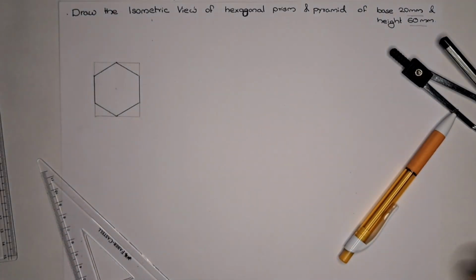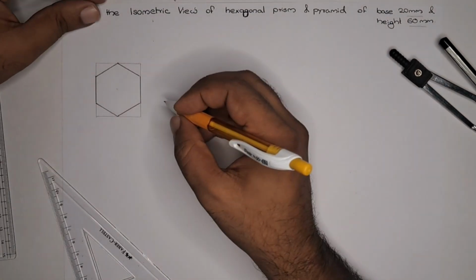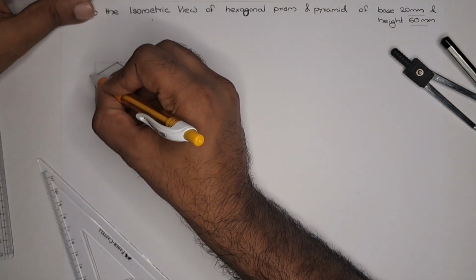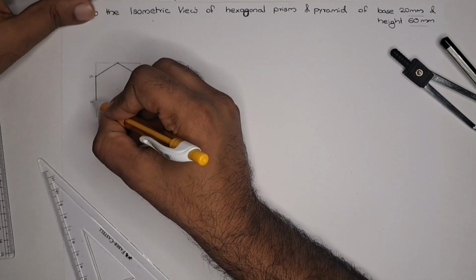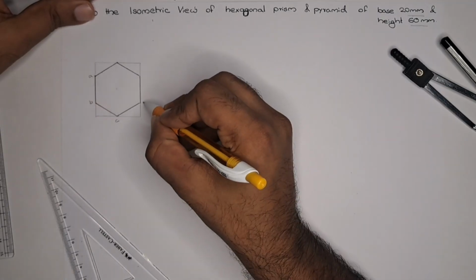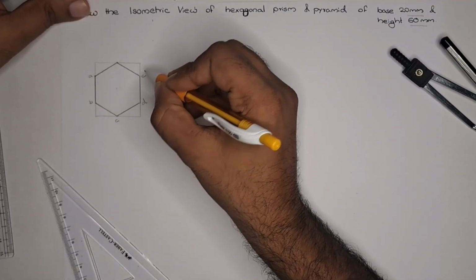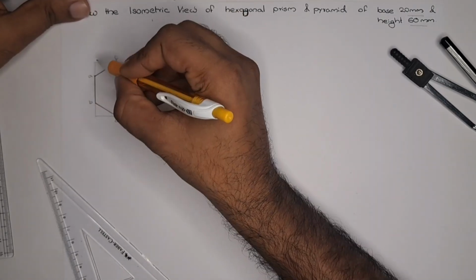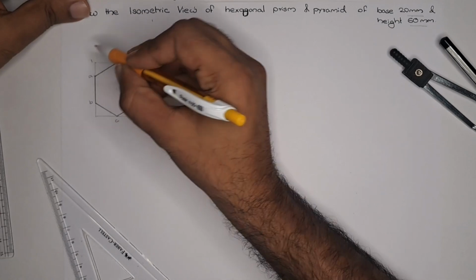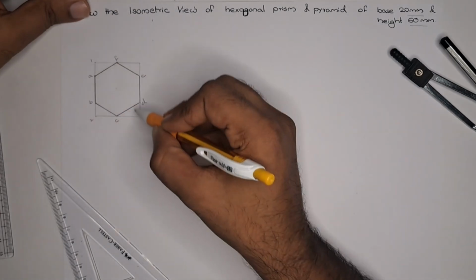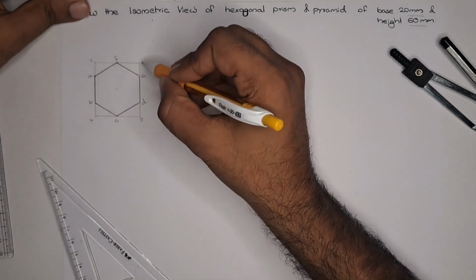We can give names to the 6 points. The first point is A, then B, C, D, E, and F. Also to the corners 1, 2, 3, and 4.